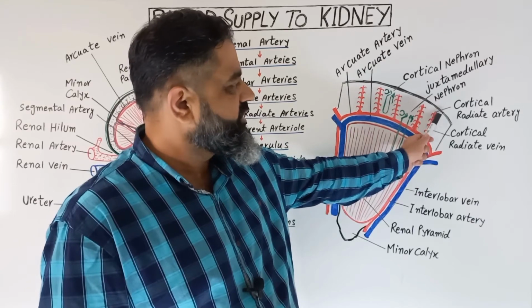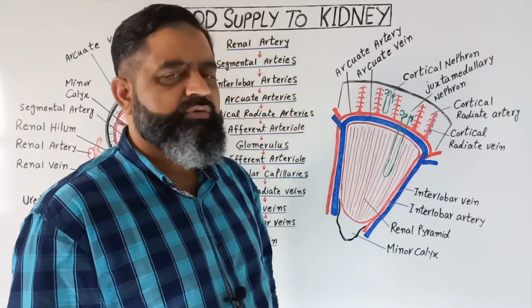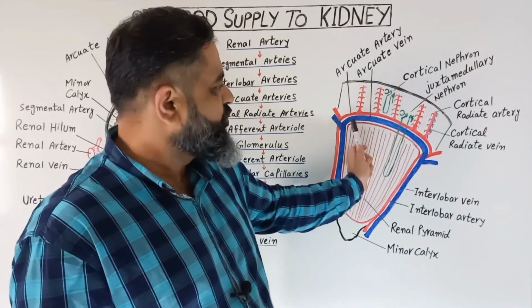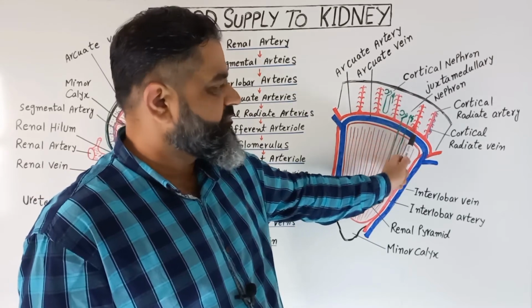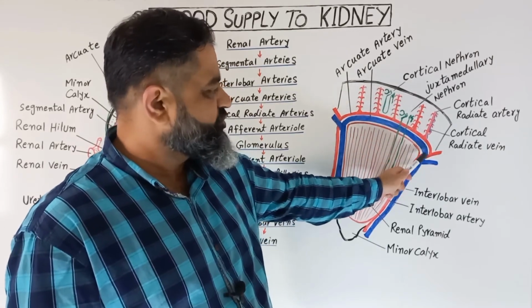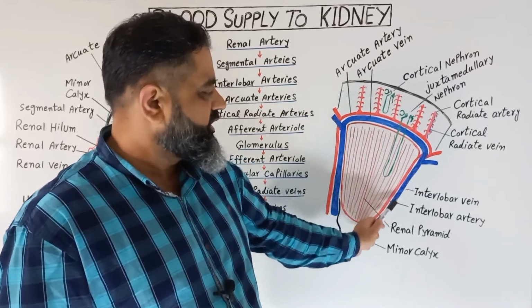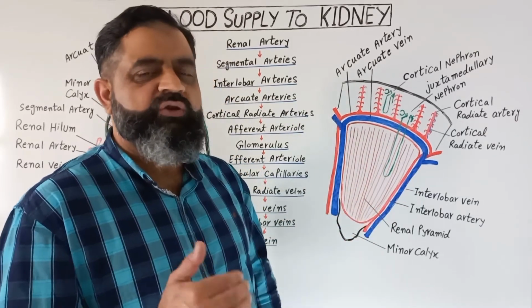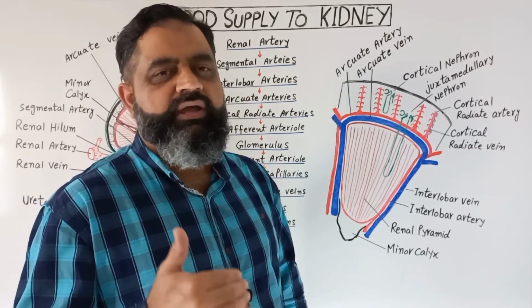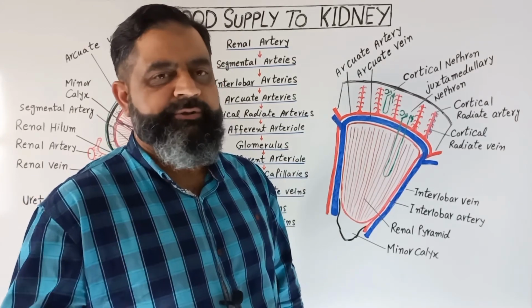Cortical radiate vein, as you can see right over here in the blue form, then joins to form arcuate vein. Arcuate vein then joins together to form interlobular vein. Interlobular vein then takes this blood to renal vein, from where blood exits the kidney.